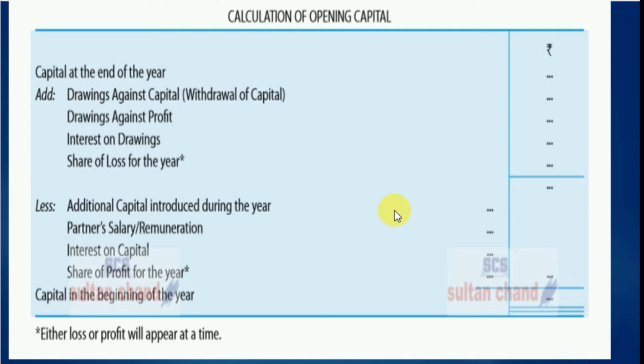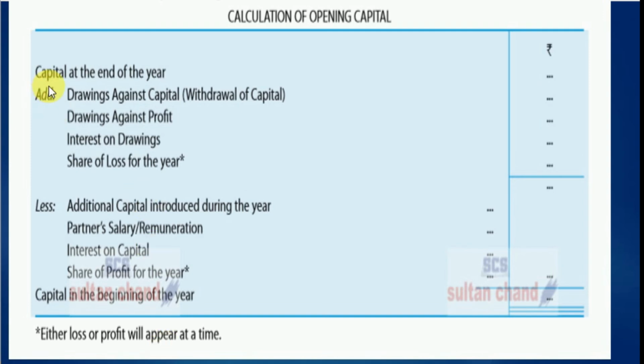With the help of backward calculation, whatever items we were adding in opening capital, here we will deduct from closing capital, and whatever items we were deducting from opening capital, here we will add to closing capital. With the help of this backward calculation, we can find out the opening balances of the partners' capital accounts.